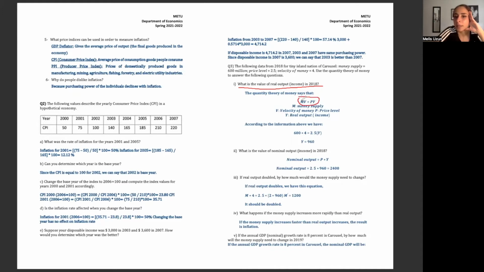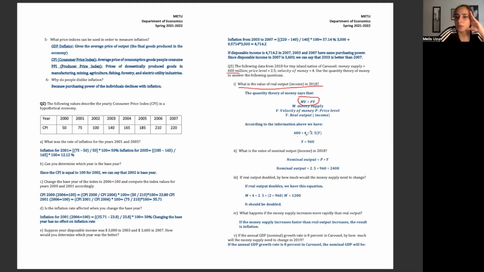What does it mean? Money supply times velocity of money is equal to real output times price level. So we know everything except the real output, and it asks us what is the real output. So the money supply was 600 million.